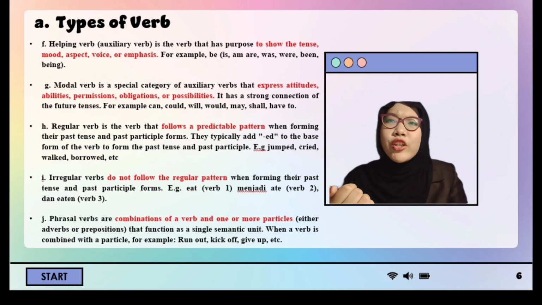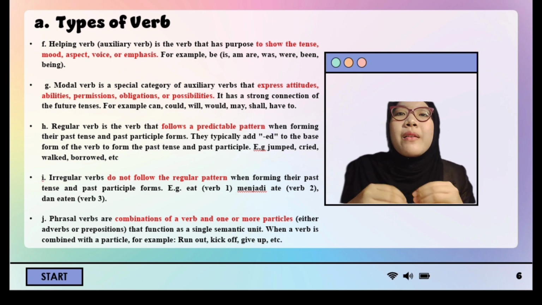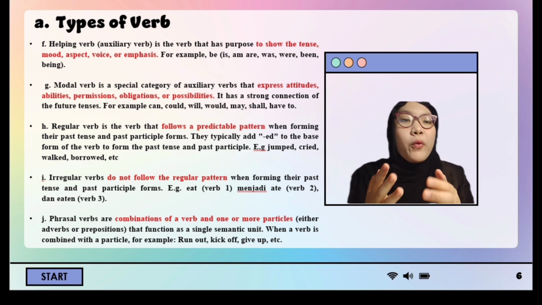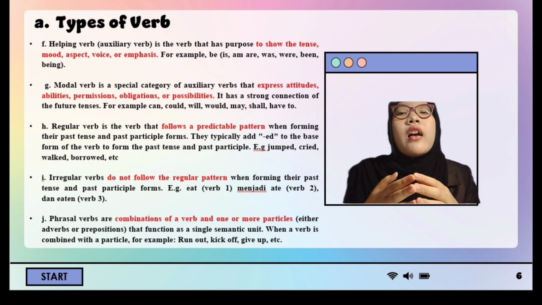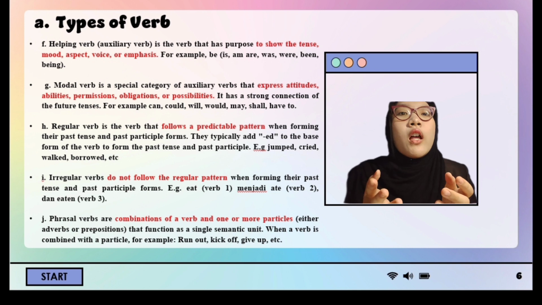Next one, ladies and gentlemen, helping verb or auxiliary verb is the verb that has a purpose to show the tense, mood, aspect, voice, or emphasis. For example, the to be: is, am, are, was, were, been, being, something like that.